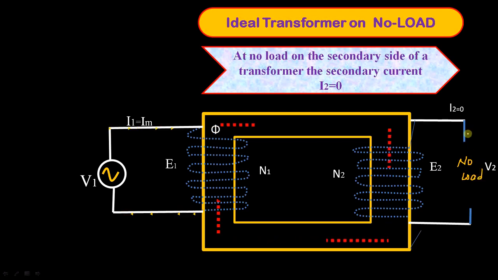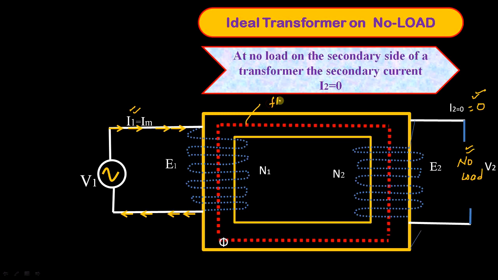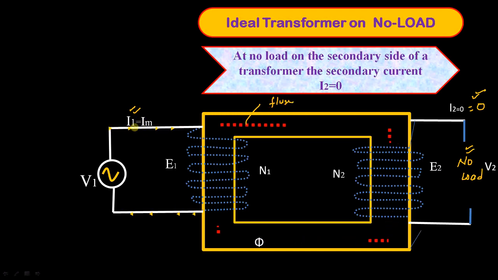At no load on the secondary side, the secondary current is 0. This is the first point: at no load, no current. The primary side draws a current I1, which is necessary to produce the flux in the core. This current magnetizes the core of the transformer.